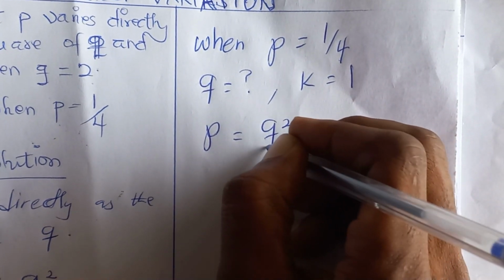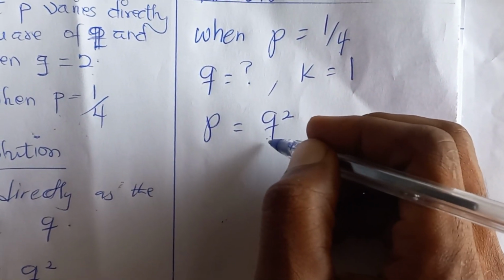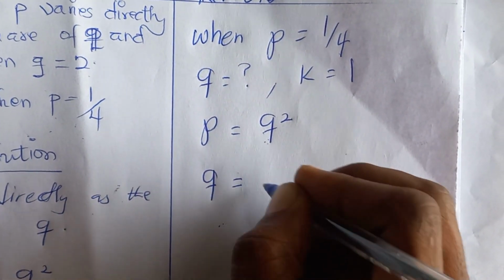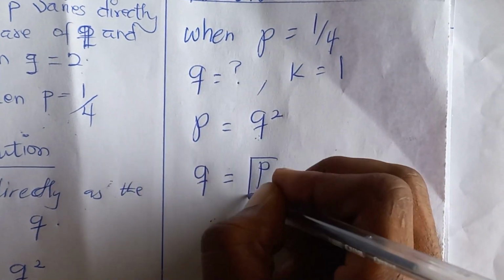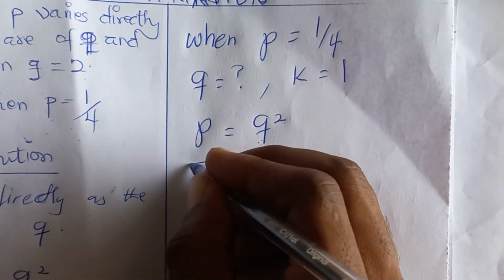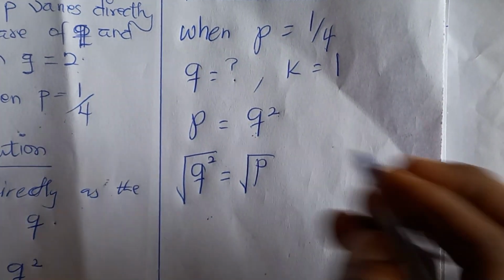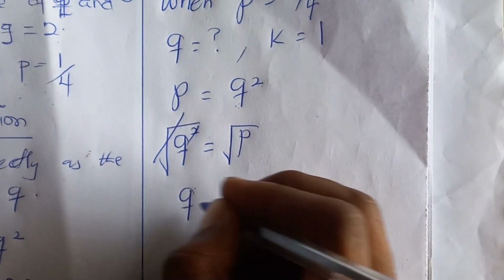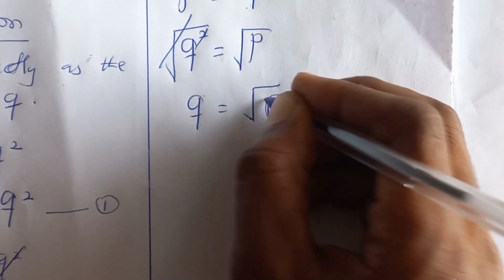Now we are looking for Q, so we need to make Q the subject. So Q is equal to the square root of P. Or you can still maintain it and bring the square root like this, which will take off the square. So Q is equal to the root of P.